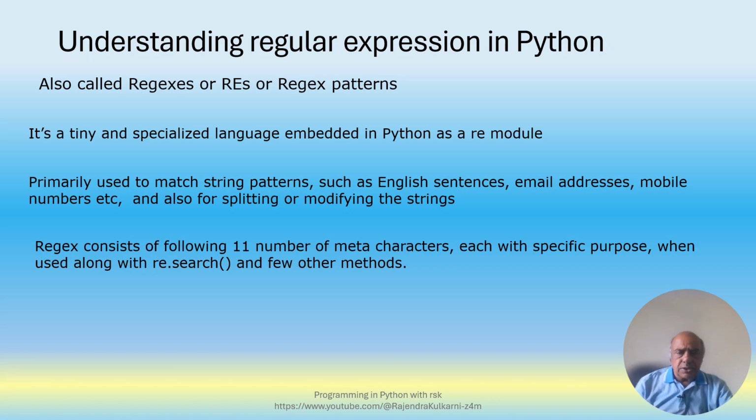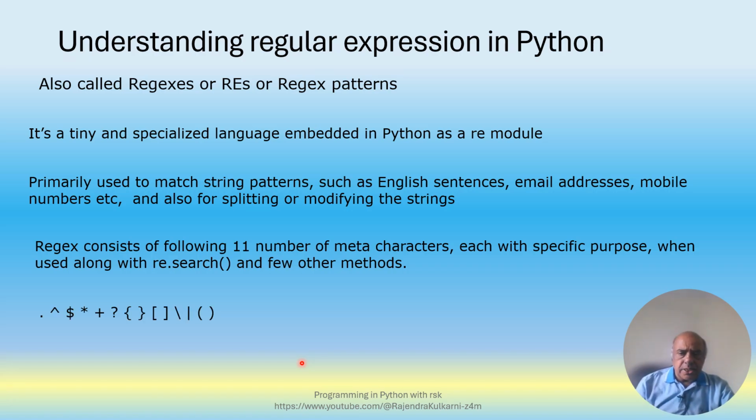The regex consists of 11 meta characters. Each character has a specific purpose. When used along with re.search and some other methods, we can utilize any one or all or a few of these meta characters so that we can get our desired matches.